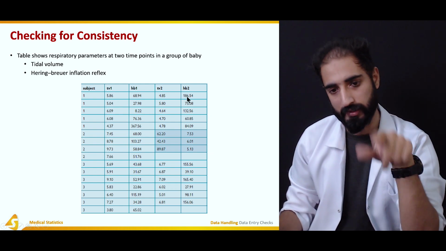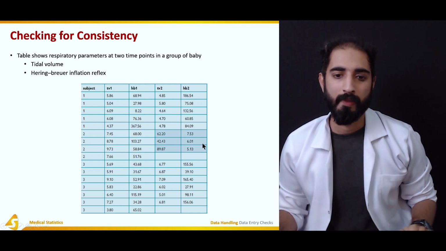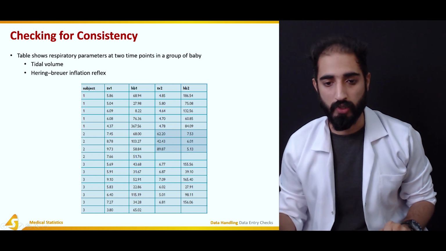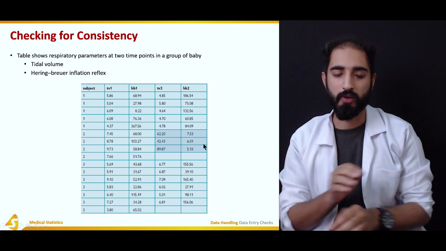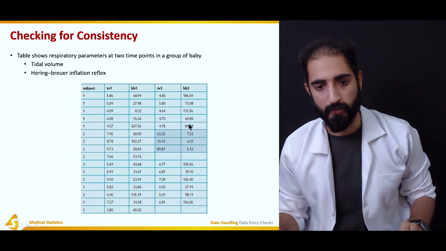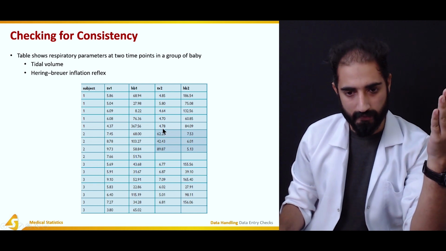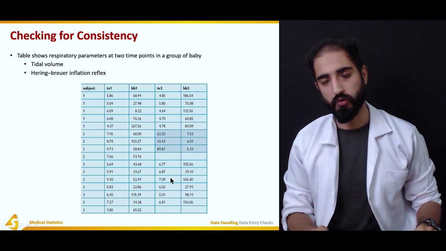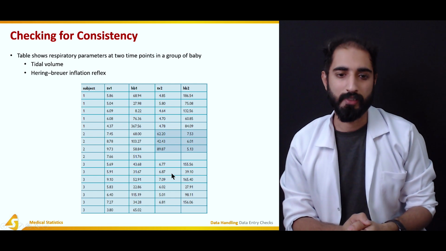Similarly, this consistency here has been disturbed as well. This shows us that there has been a problem in data entry in which these two columns have been substituted. These values were supposed to be here. If we put these values here, it makes sense and there would be consistency. But before doing that, make sure of it from the original data. That's how you can check for consistency.